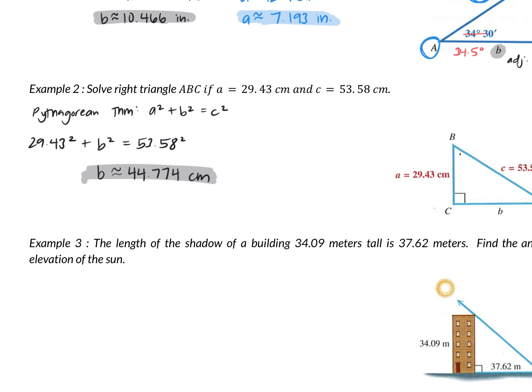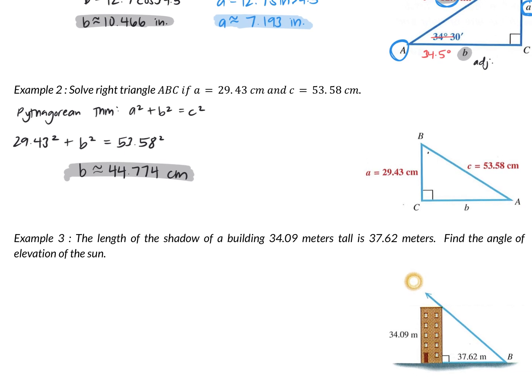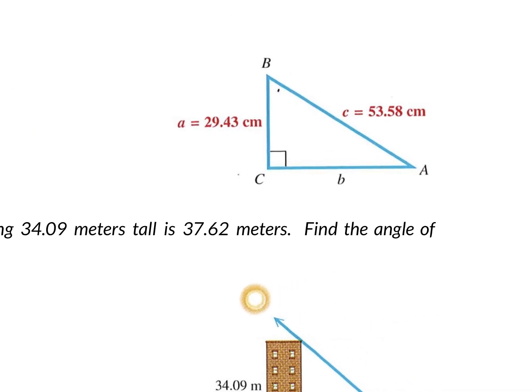All right, now I want to solve for the angle measures. Okay. Again, I like to just use what we're given. That way it's not like an approximate value, okay? We're given these two side lengths. So if I wanted to solve for letter A, and I know this side and my hypotenuse, what trig function am I going to use? Sine, right?